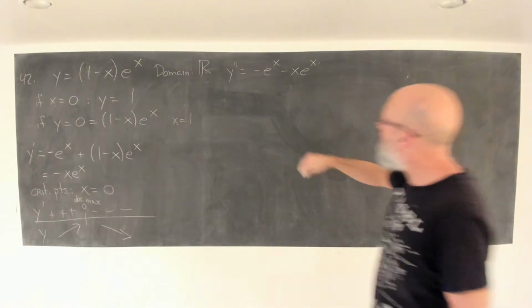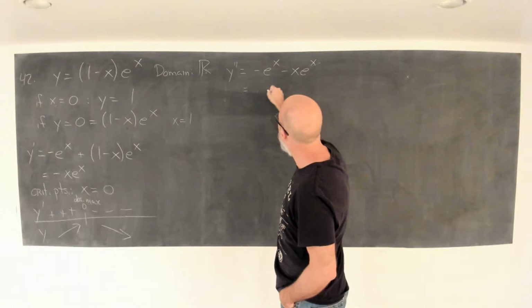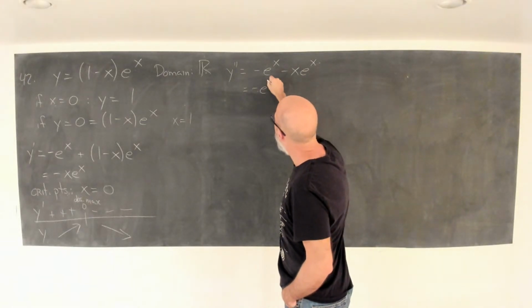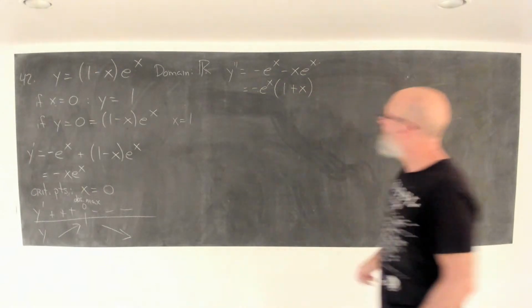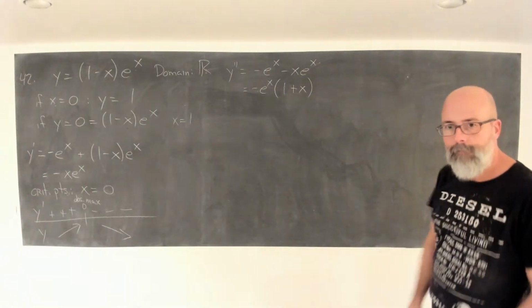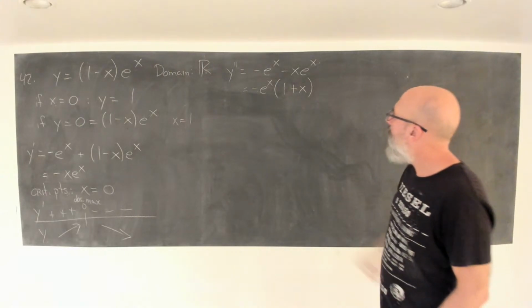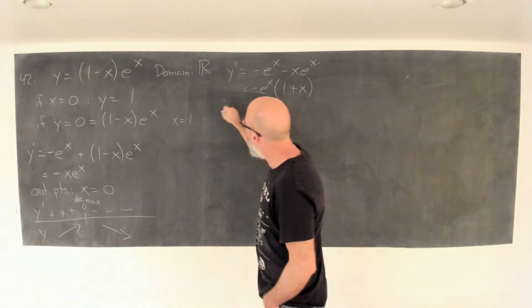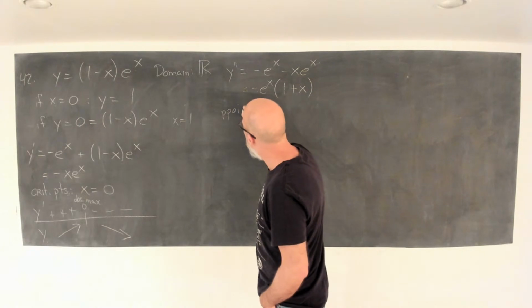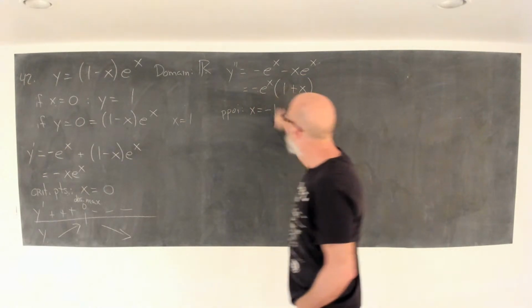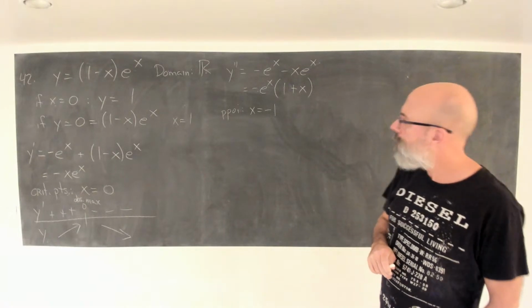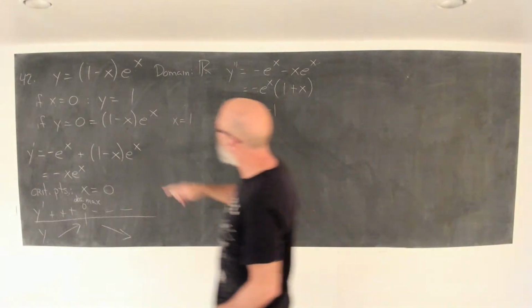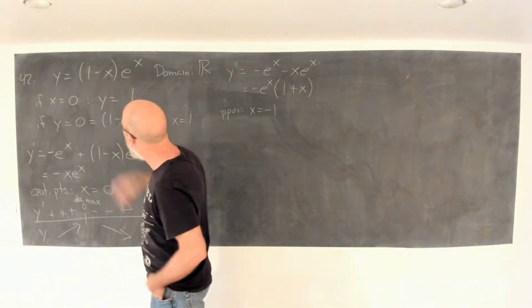Everybody comfortable with this as the second derivative? Let's factor out a negative e to the x. Thank you, Matt. And we see possible points of inflection at -1. Answer for the first derivative, it's a product, right? So product rule applies.